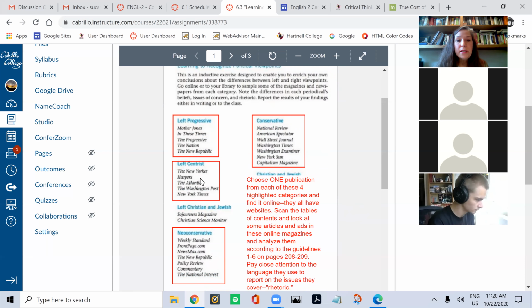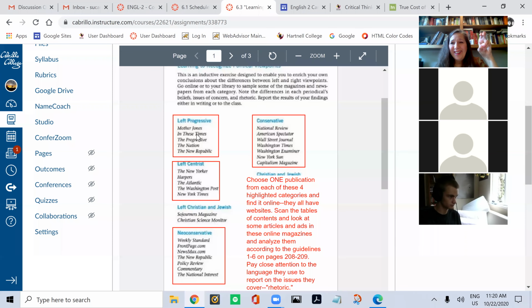Okay, so this is left centrist, which is liberal. Those are people sort of in the middle. And you've got the New Yorker, Harper's, the Atlantic, the Washington Post, the New York Times considered left centrist. Left progressive, that would be the radical wing. Mother Jones, In These Times, The Progressive, The Nation, The New Republic.